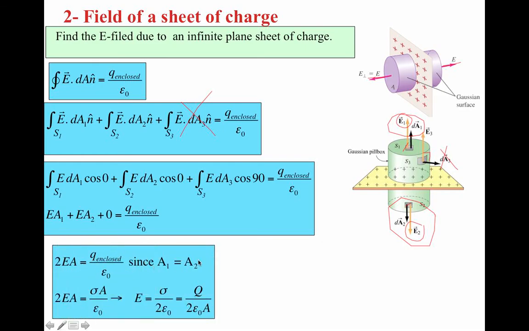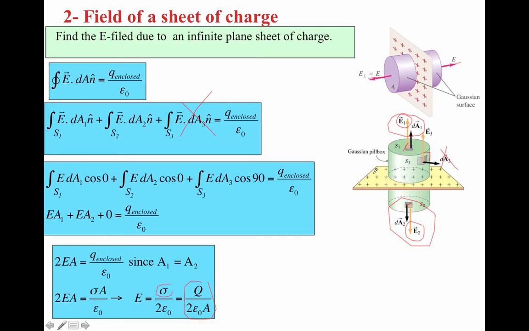If I put everything together, remember the enclosed Q is sigma A.